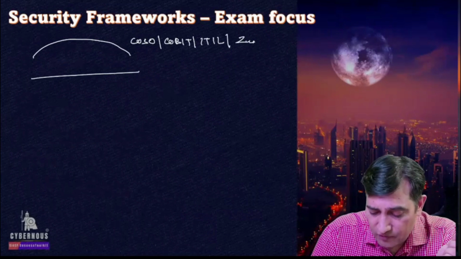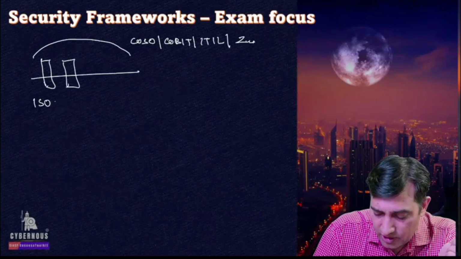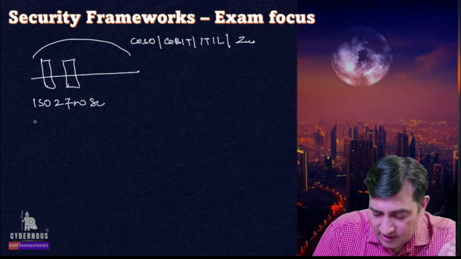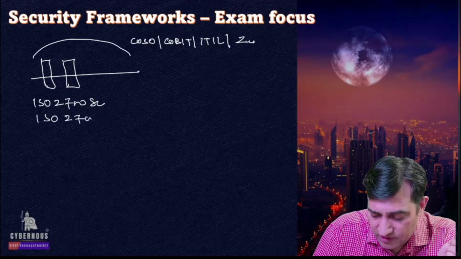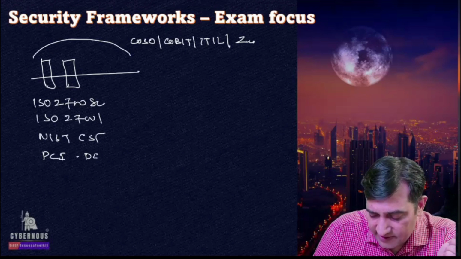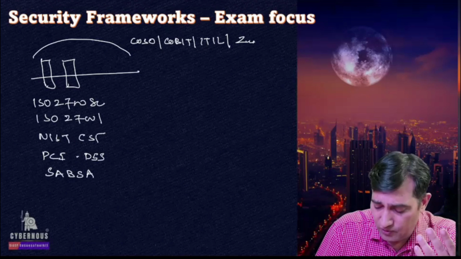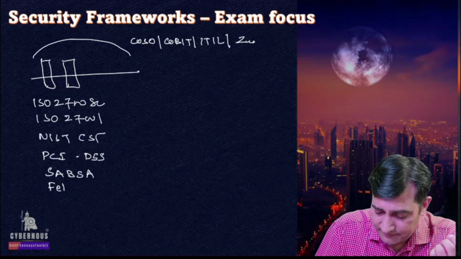What is more focus for you is the security framework, right? ISO 27000 series, ISO 27001, NIST Cybersecurity Framework, PCI-DSS, then SABSA, and I would say the last item here is your FedRAMP.